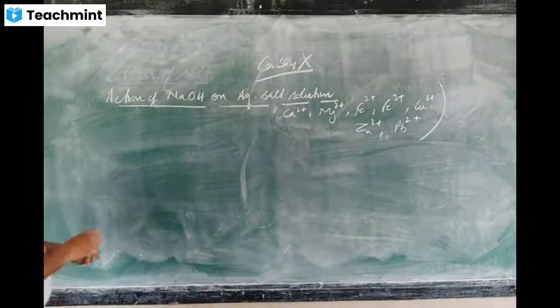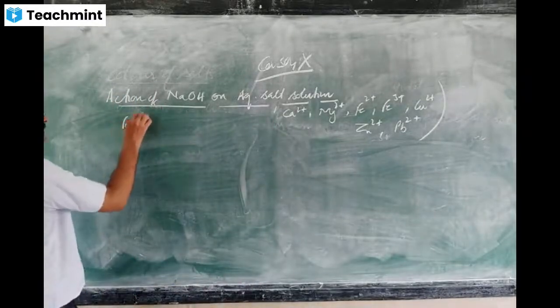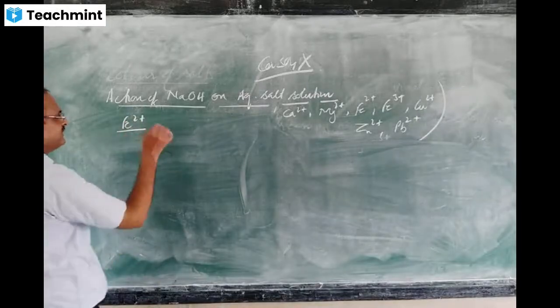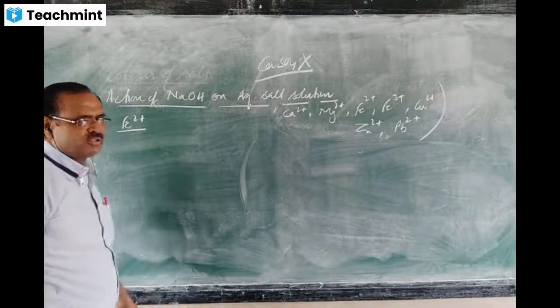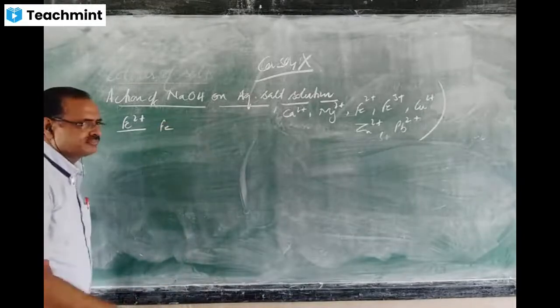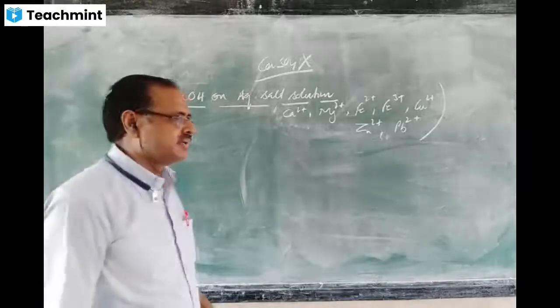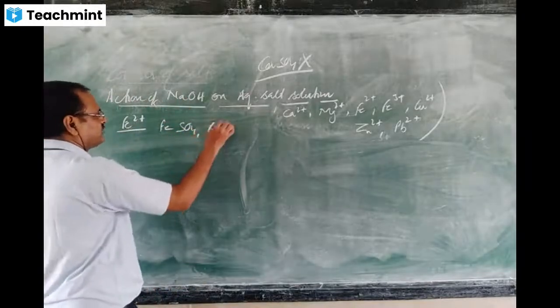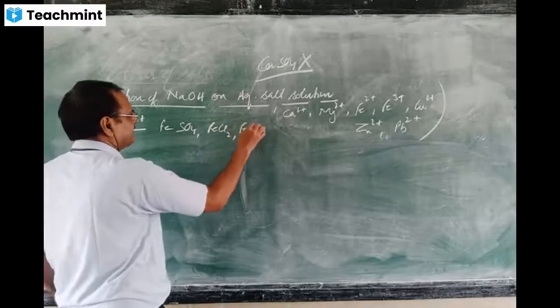Let us name some soluble salts of ferrous iron: ferrous sulfate, ferrous chloride, ferrous nitrate.